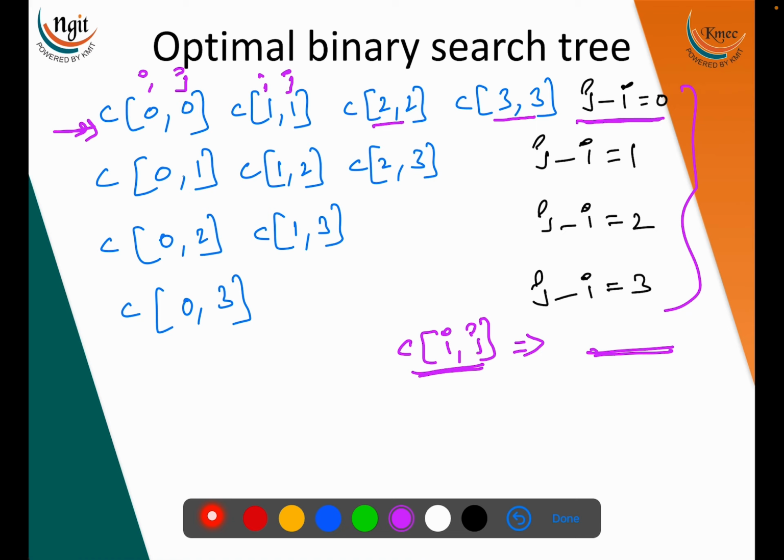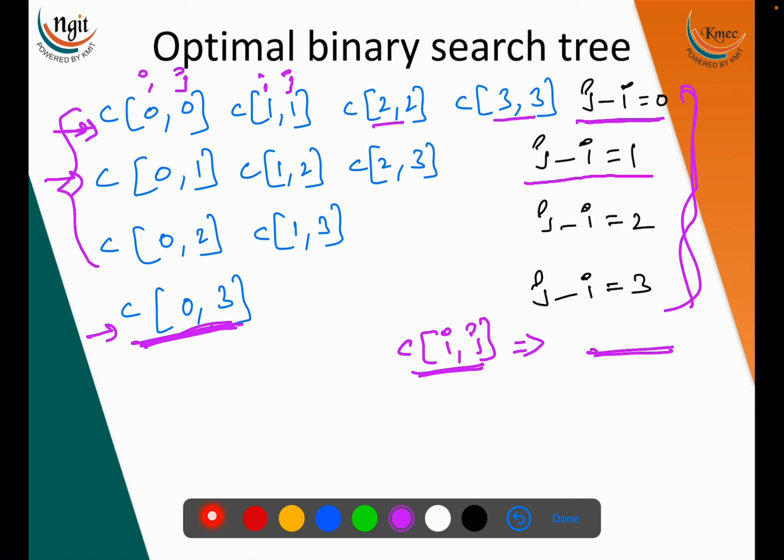Then we'll come down to those where j minus i is equal to 1, and calculate for those values. Lastly, you will be calculating C(0, 3). When you calculate this, all the terms which are higher than that are evaluated first, so it is easy for us to get the value of this. That is the reason why we segregated according to this logic.